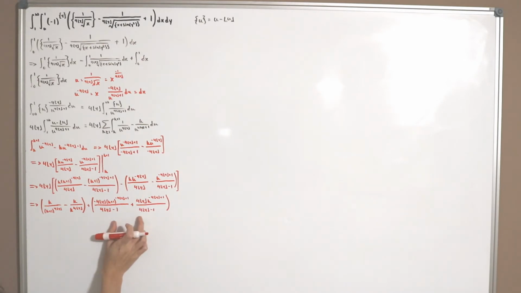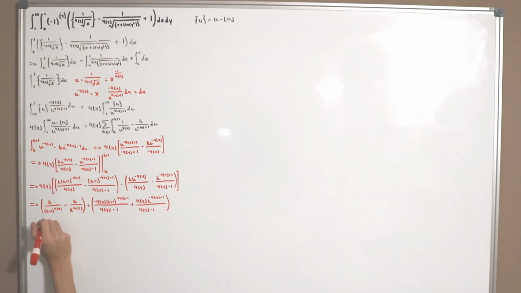Specifically, we can factor out 4 floor y divided by 4 floor y minus 1. Therefore, the expression can be rewritten. I'm going to put back the summation, the sums that we were dealing with earlier. So this is the sum starting from k greater than or equal to 1, so it's infinite.